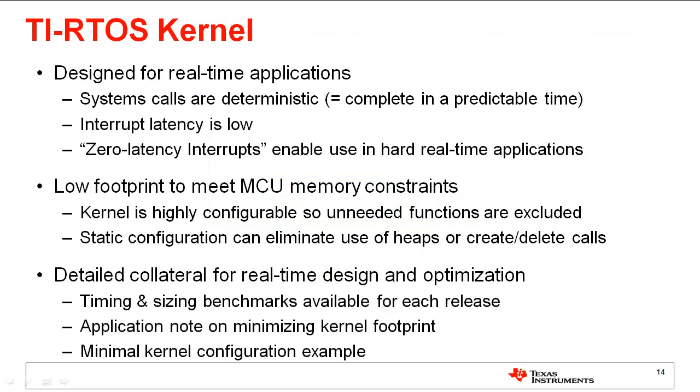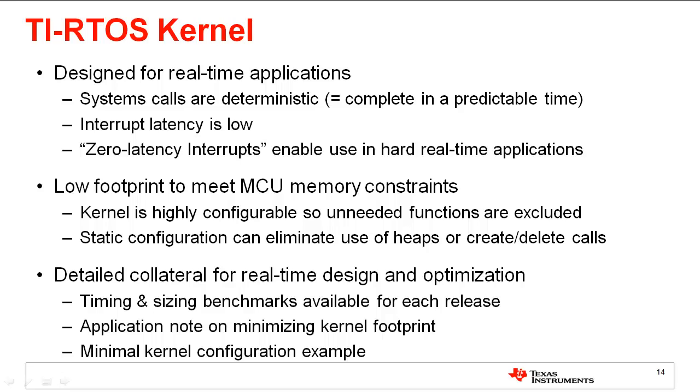The TI-RTOS kernel is designed from the ground up to be real-time, and what that means is that our system calls are deterministic and they execute in a predictable time. And as you can see from the bullet points at the bottom of the page, we provide detailed benchmarks so you can see exactly how long, for example, a semaphore post takes.